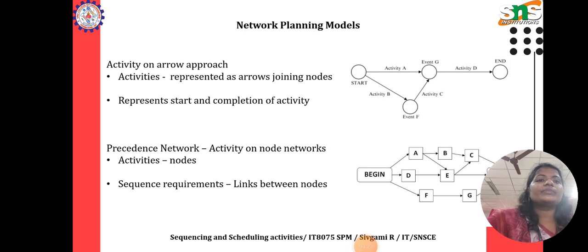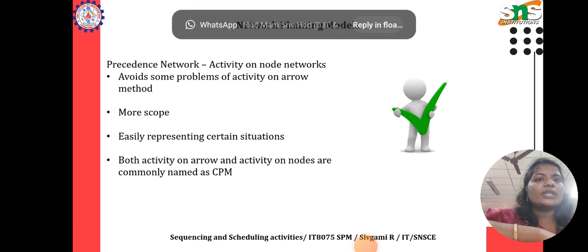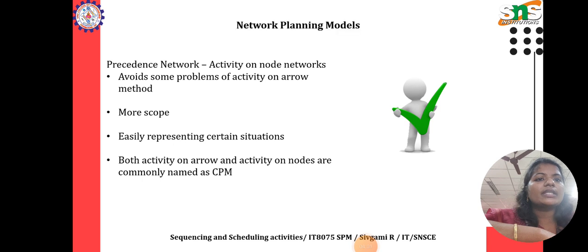Next is the activity on node network, also called the precedence network. Activities are represented as nodes, and sequence requires the links between the nodes. Activity on node networks avoid some problems of the activity on arrow method and give more scope, especially for easily representing certain situations.